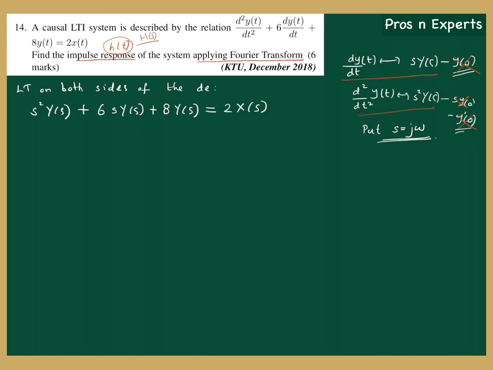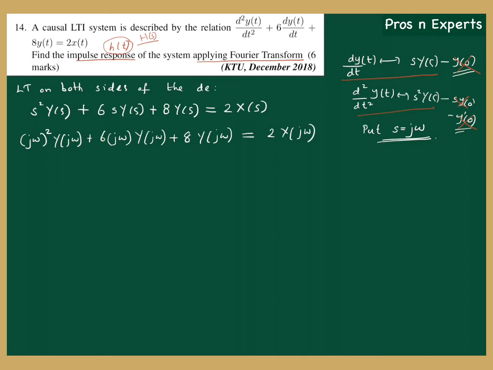At the imaginary axis means at s is equal to j omega. Okay, so applying that, we can write j omega the whole square into y of j omega plus 6 j omega into y of j omega plus 8 y of j omega gives 2 into x of j omega.